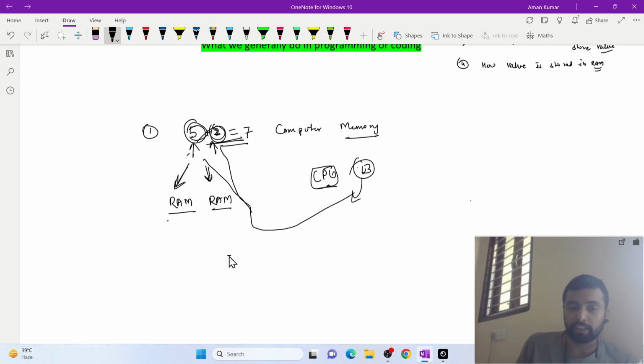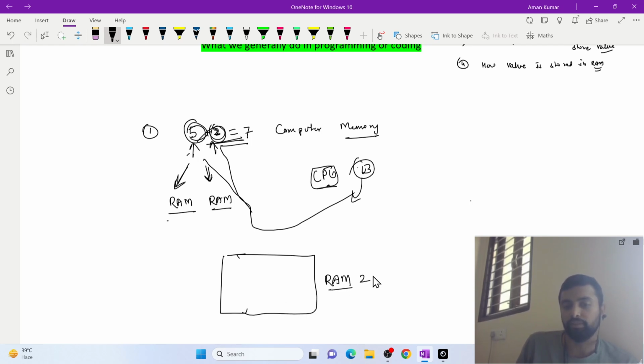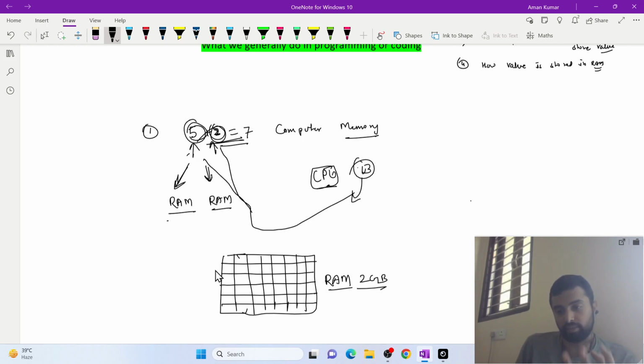So in the internal architecture of RAM, let's say it is a RAM of 2 GB. Here there are some lines, and there are some blocks like this, and every block has a location.